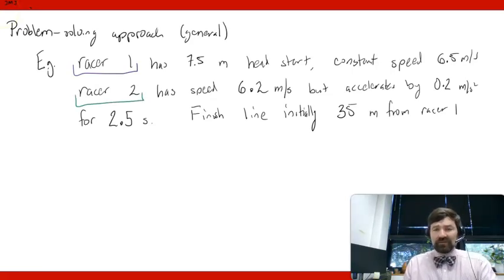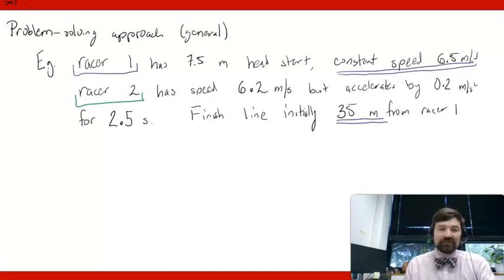Okay. Now the information that I see that goes with racer 1: there's a 35 meter distance to the finish line, and they have a constant speed of 6.5 meters per second. So in some sense, you can figure out immediately how much time is left before racer 1 gets to the finish line.